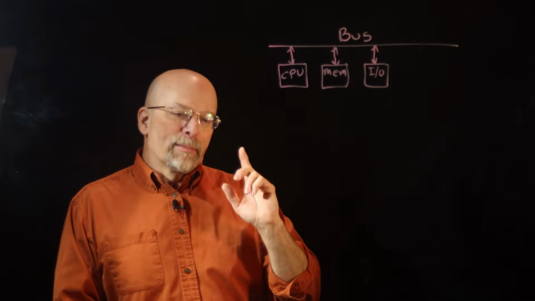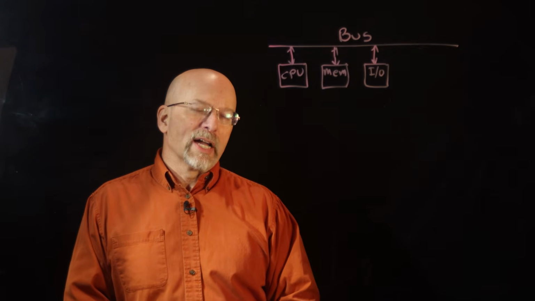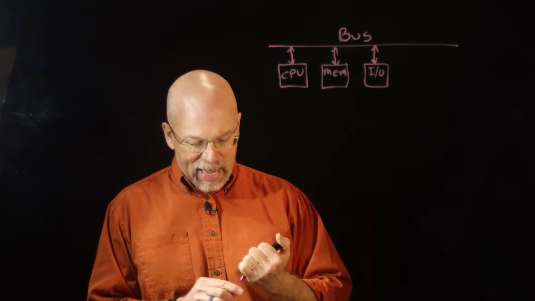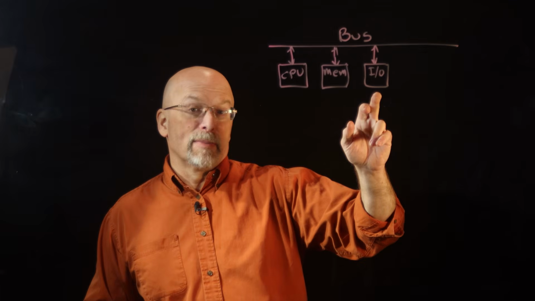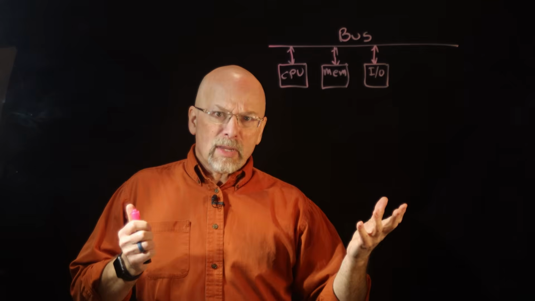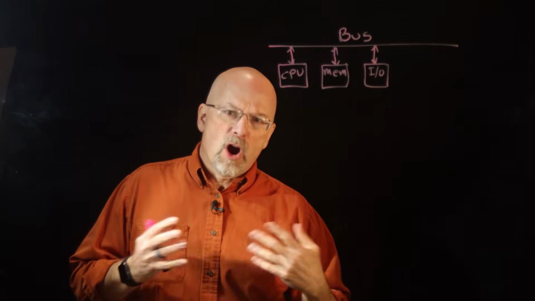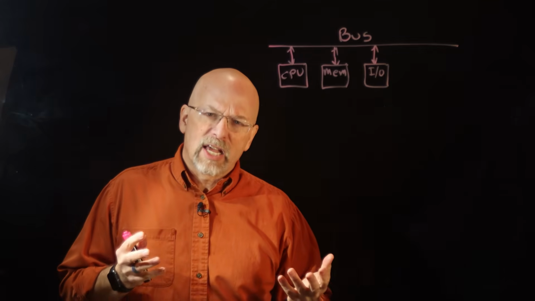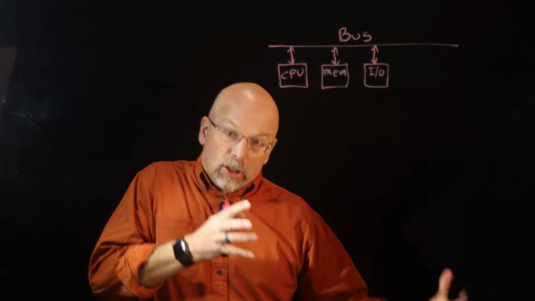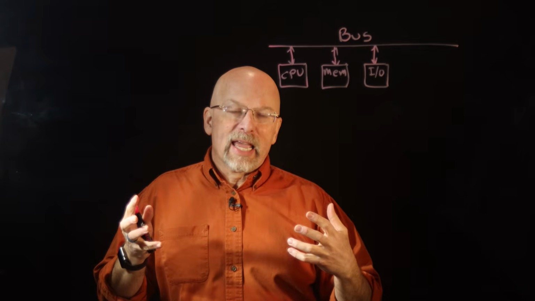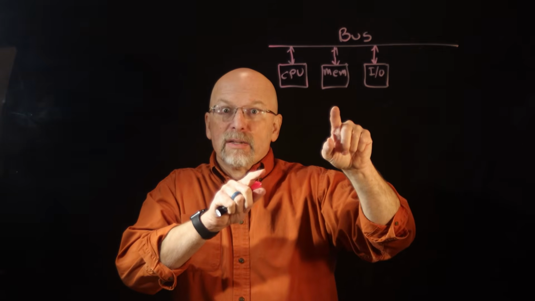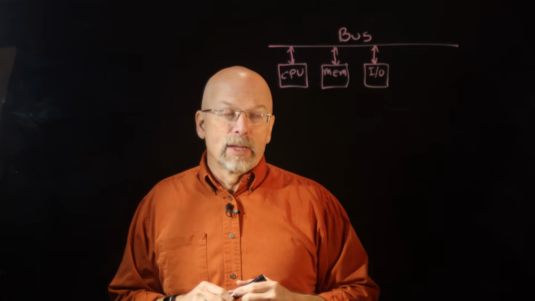All right. The problem is it doesn't quite solve all of our problems, because let's say that we've got a large block of data, maybe one of these I/O devices is a network interface card or a hard disk or a solid state drive, something whose job is to grab a large amount of data and then have that large amount of data move from the device into memory so that the CPU can operate on it.